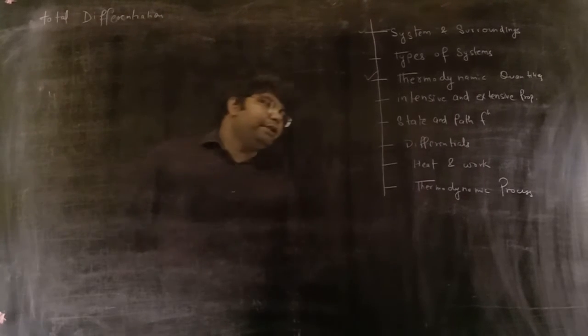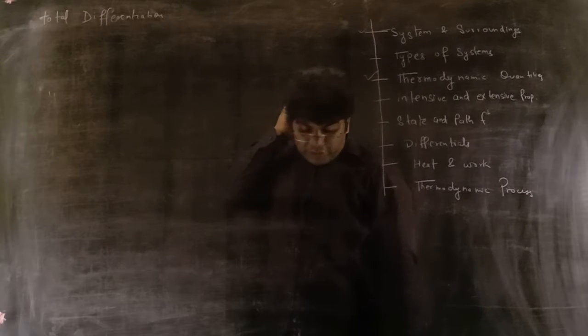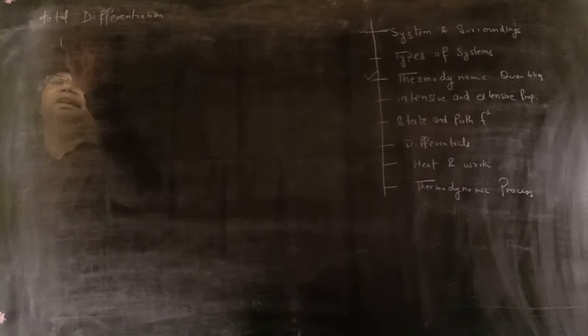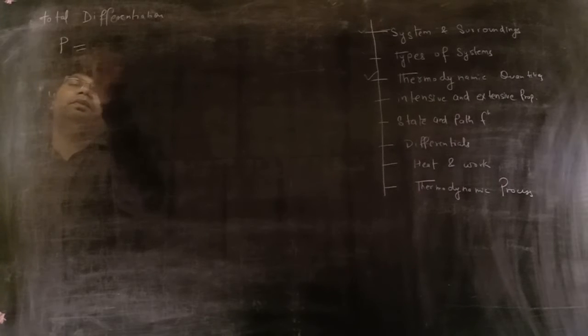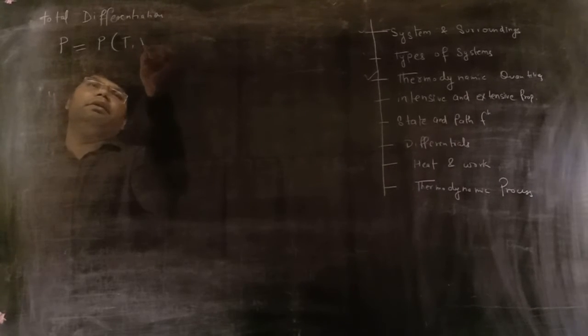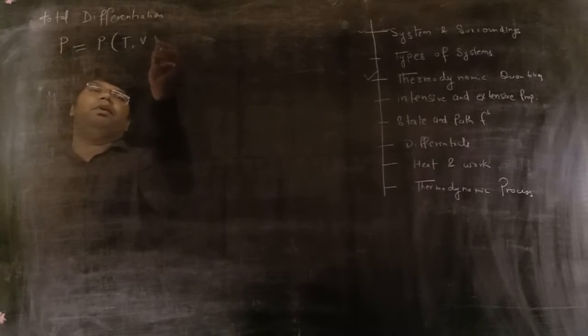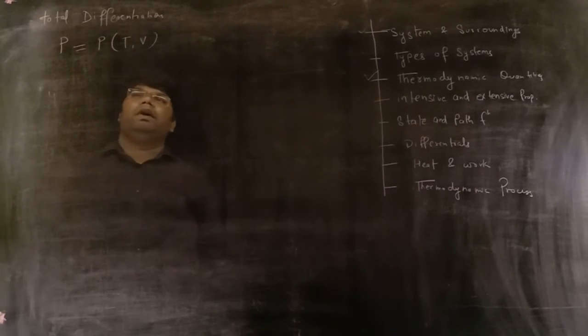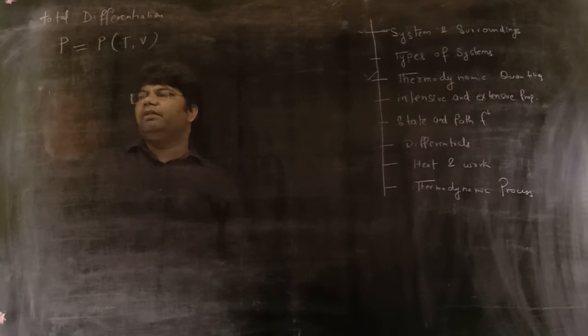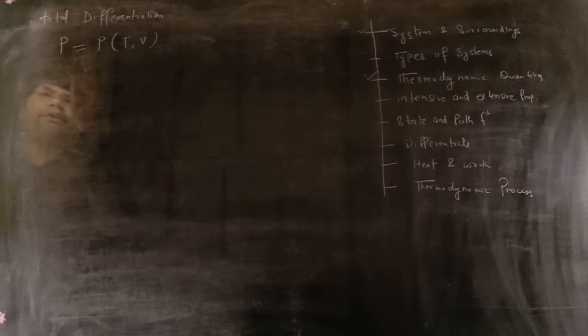It is very important for your thermodynamics to understand total differentiation. Suppose P is a function of temperature and volume. Now, what is the partial differentiation? There will be two equations here.